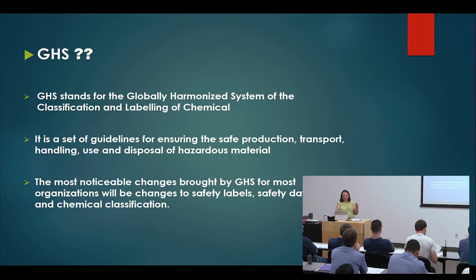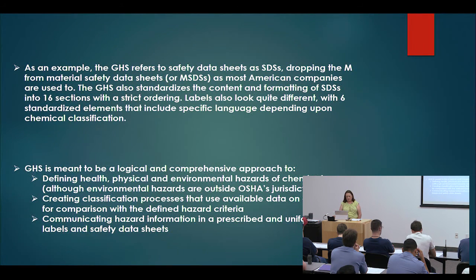It's a set of guidelines for ensuring safe production, transport, handling, use, and disposal of hazardous materials. And as I said, the most noticeable changes brought by GHS for most organizations will be the change to safety labels, safety data sheets, and chemical classification. So you might see something classified a little bit differently than it was before.